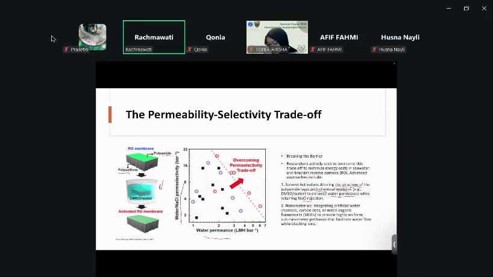Then you choose whatever is available in the lab, or whatever nanomaterial that you can buy or try. In this case, people use artificial water channels or carbon dots or metal organic frameworks to provide highly uniform sub-nanometer pathways that facilitate water flow while blocking the ions.